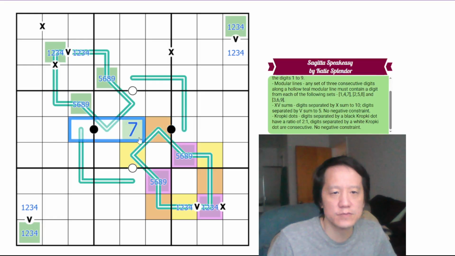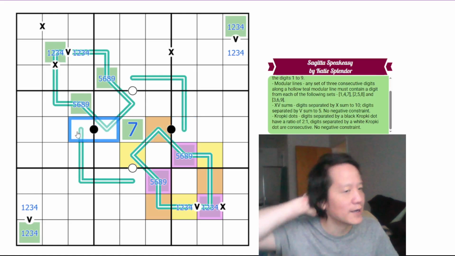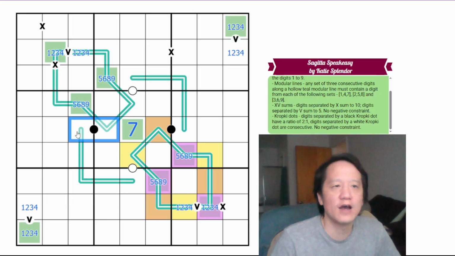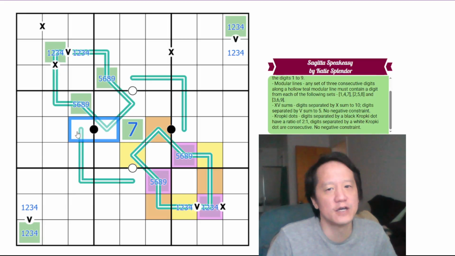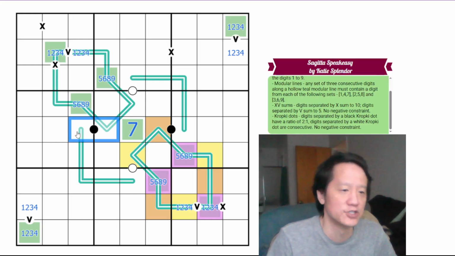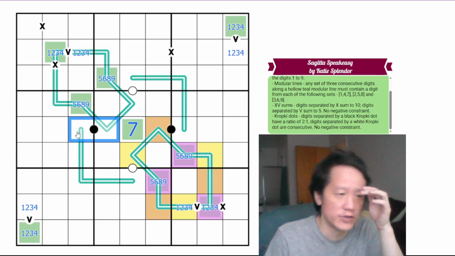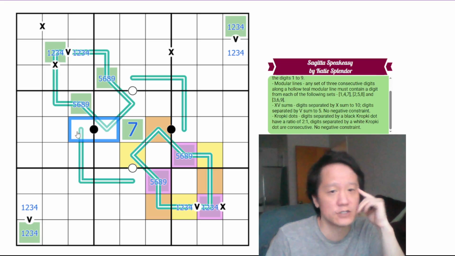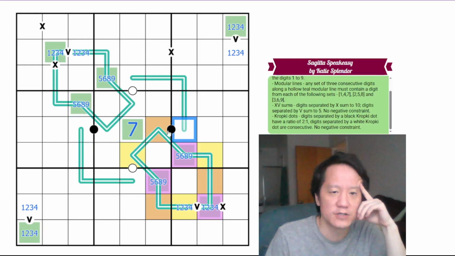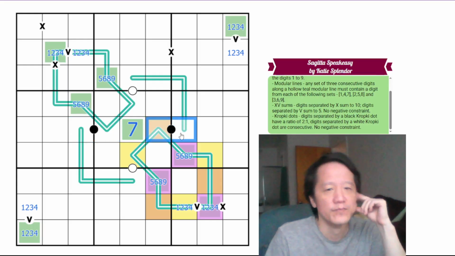That doesn't tell us too much. We know it's non-5 and 9, because if you have 5 or 9, you get 2.5 or 4.5 respectively, which are not digits. And if you double 5 and 9, you get 10 and 18, which are not digits. That's the reason why they can't be next to the black dots here.